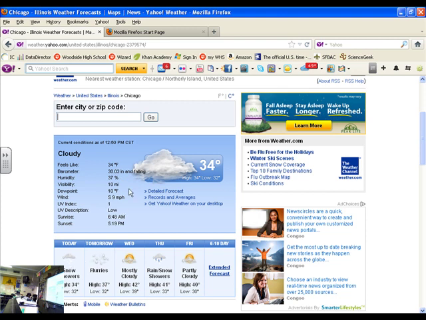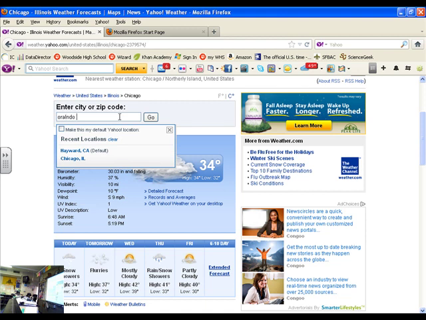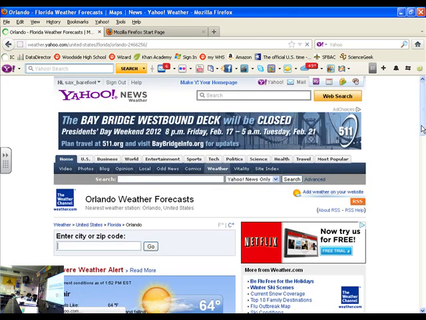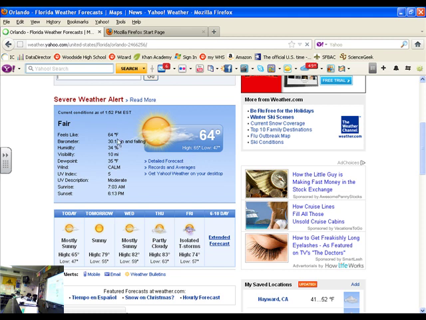It appears to be snowing in Chicago. Even in Orlando, notice what the humidity is right now. It's 34%. What time of year should you go to Disney World? Now.